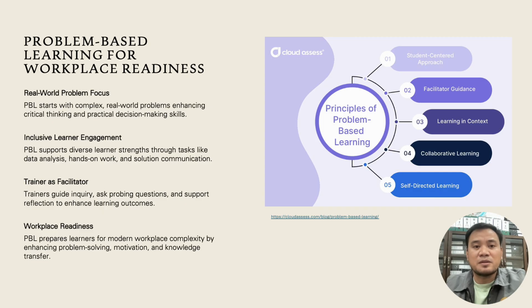Research shows that PBL enhances problem solving skills, motivation, and knowledge transfer to real work situations. For inclusive TVET, PBL allows learners with different strengths to contribute in diverse ways, such as analyzing data, performing hands on tasks, or communicating solutions.